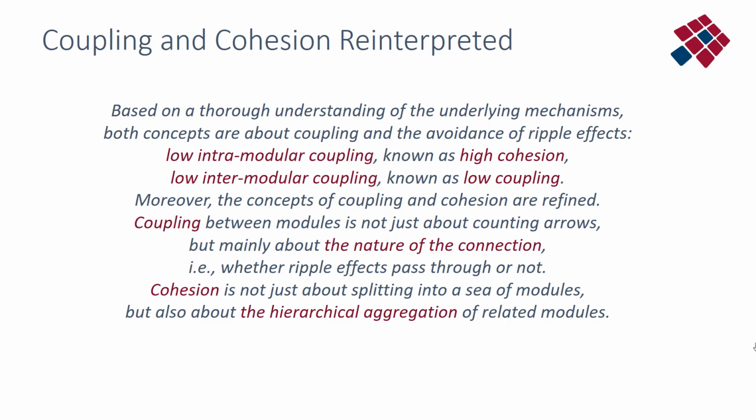So coupling is not just about counting arrows, it's about the nature of the connection. There's nothing wrong with a module which is used by thousands of other modules. It's called reuse actually, it should be something good. However, there is something wrong when that use, that coupling, is not version transparent and allows changes to ripple through.